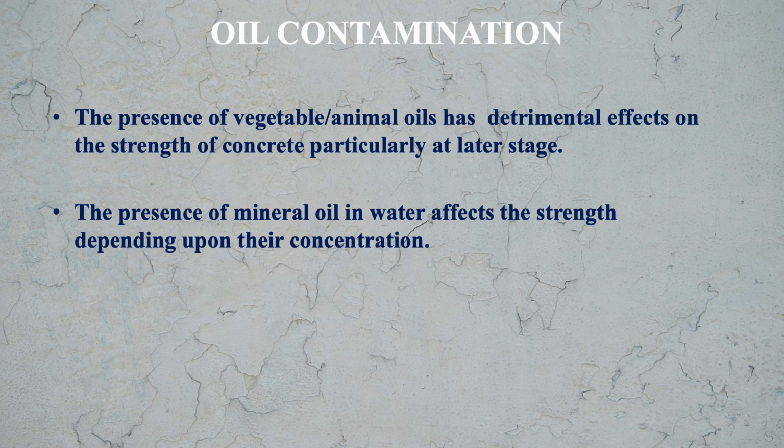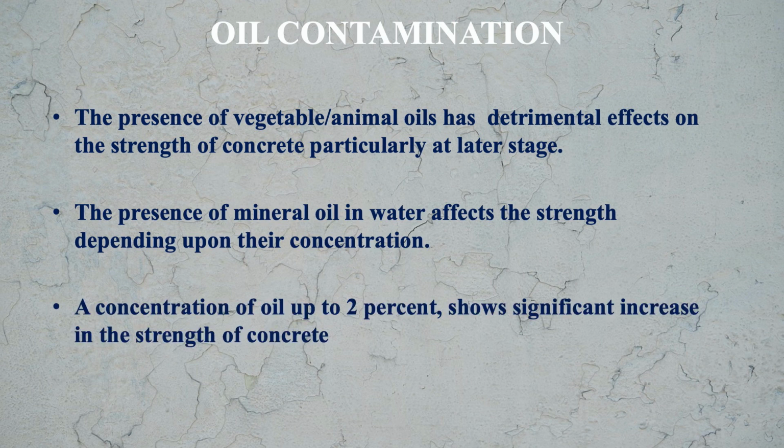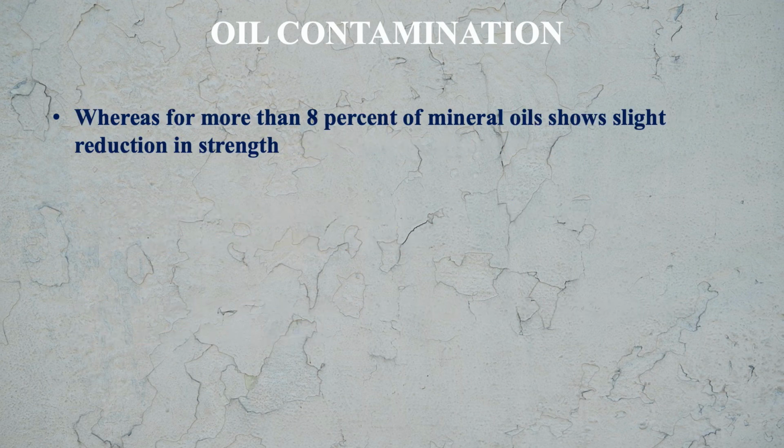The presence of mineral oil in water affects the strength depending upon their concentration. A concentration of oil up to 2% shows significant increase in the strength of concrete, but if the percentage is more than 8% of mineral oils, then it shows slight reduction in the strength of the concrete.